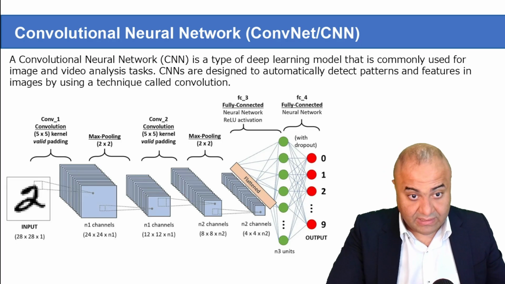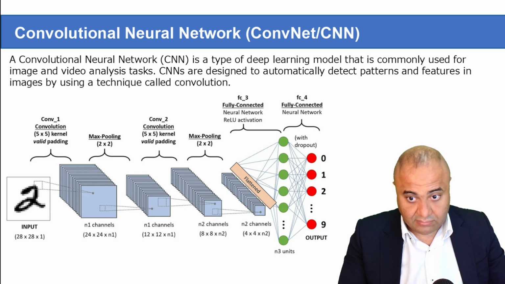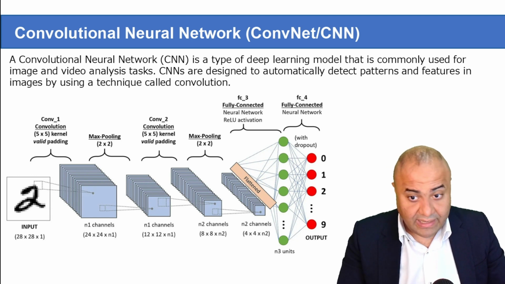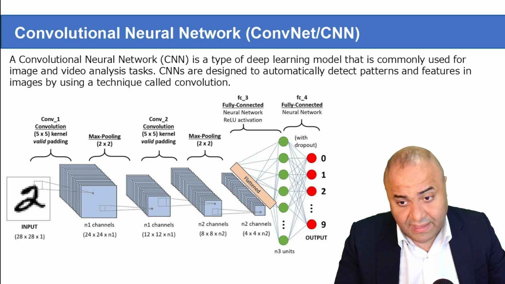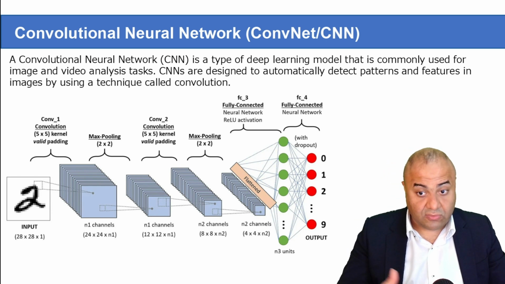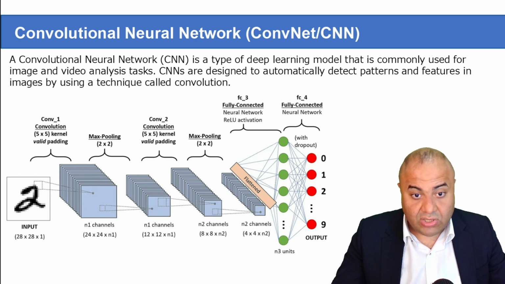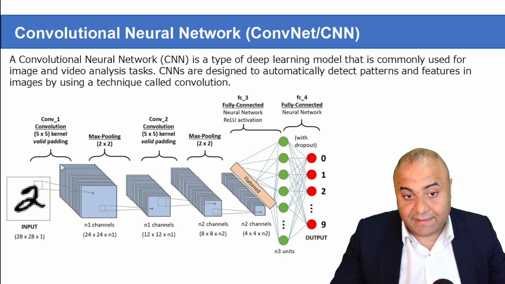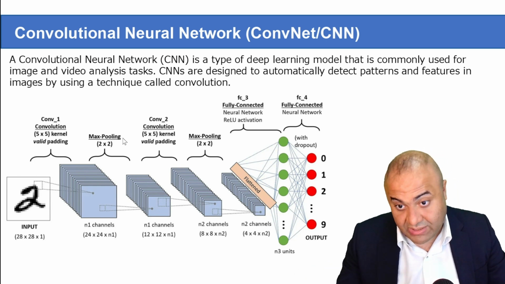architecture for images. Now, a neural network like this will have, of course, the image as input, and once we have the image, we have to extract some information out of it.